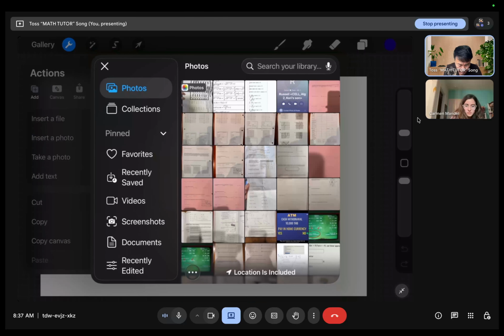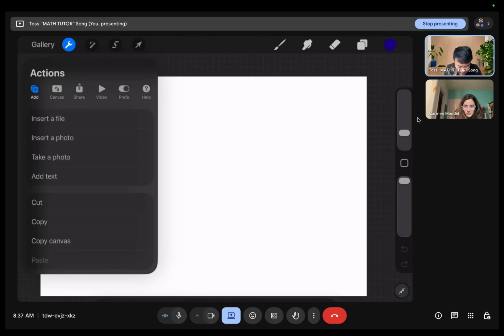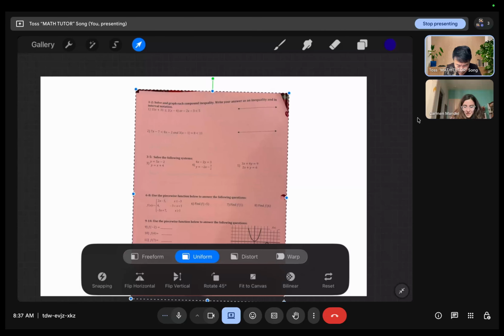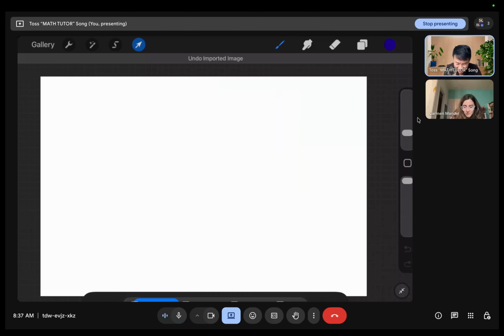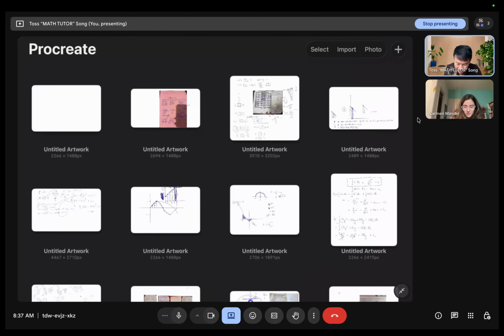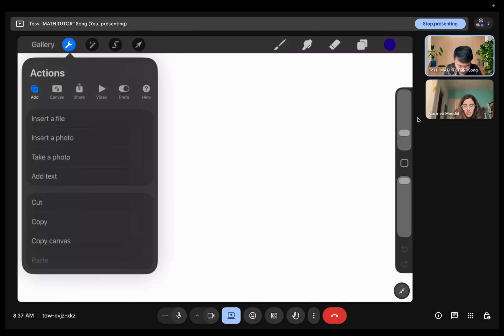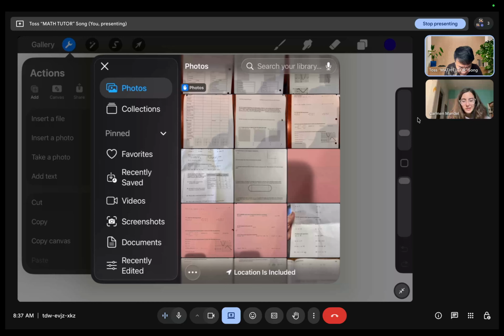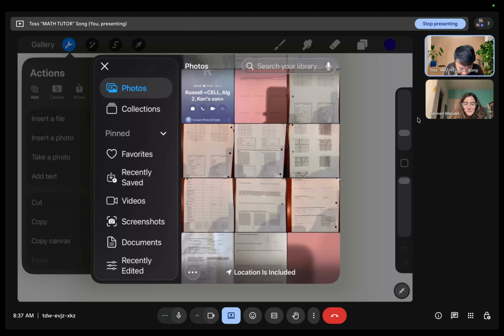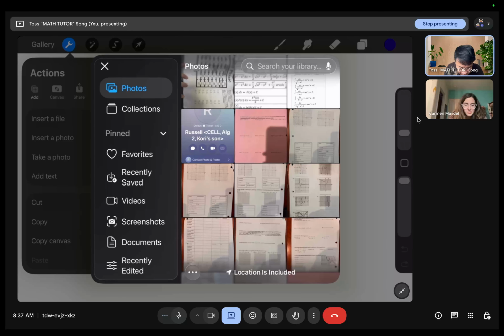Let me see. I think it's this one. No. One second. Let me do it again. I technically can actually zoom in, right? Let me see. Oh, yeah. But still, where is it?